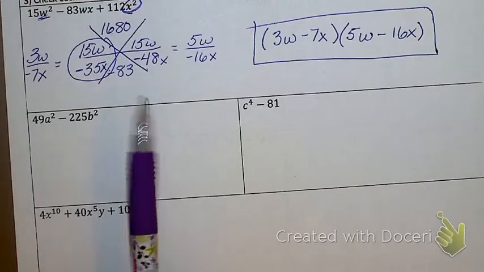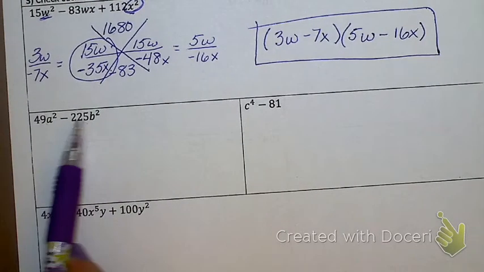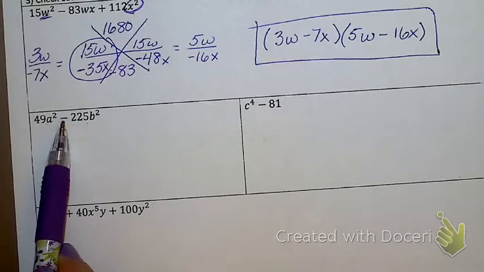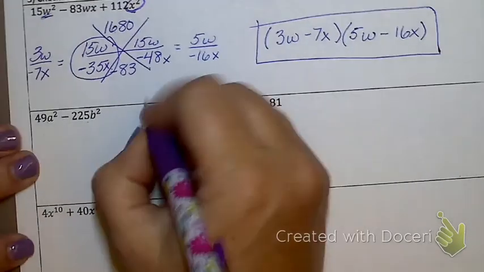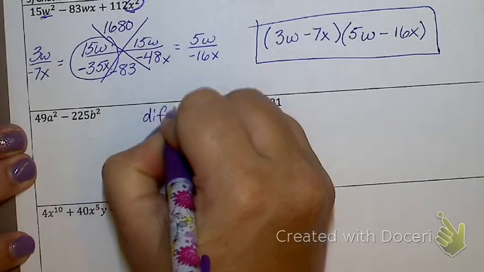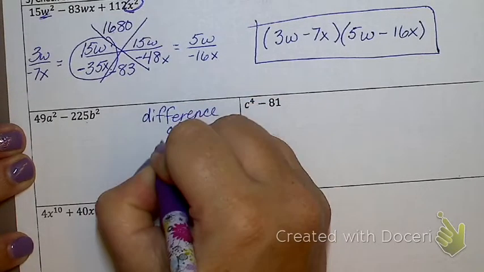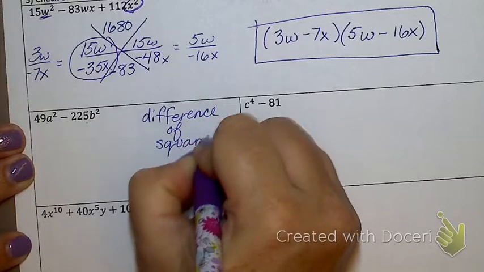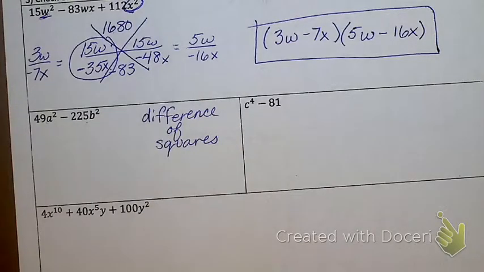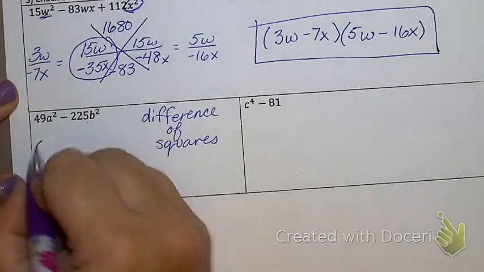But I could also recognize that when I have two terms that are connected by subtraction, I'm going to want to check to see if I have a difference of squares. Because that can be a nice shortcut for me. And this one I believe is a difference of squares.